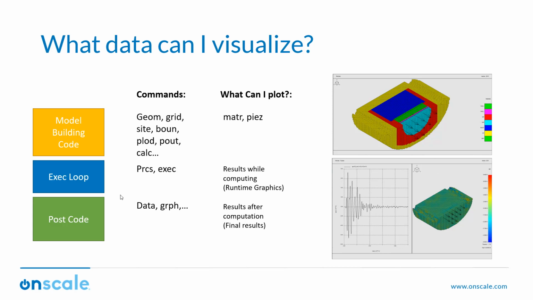Now, if you want to see, let's say, after the execution loop, while it has been calculated, well, you have to place it into the code which is after this execution loop. So let's have a look at how it works in OnScale.